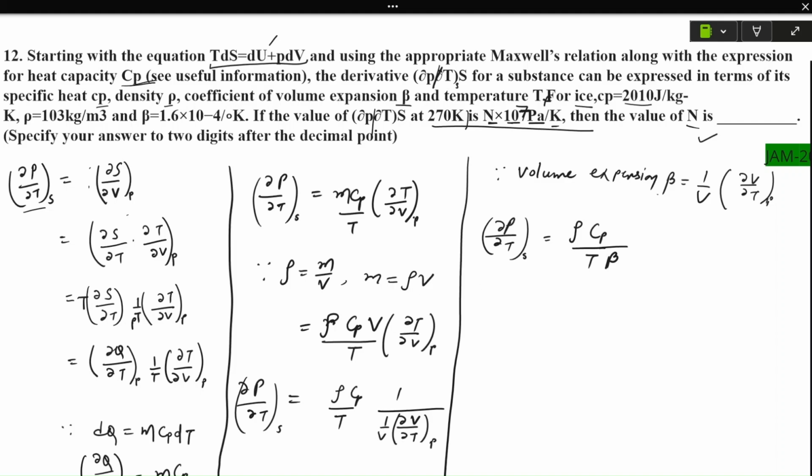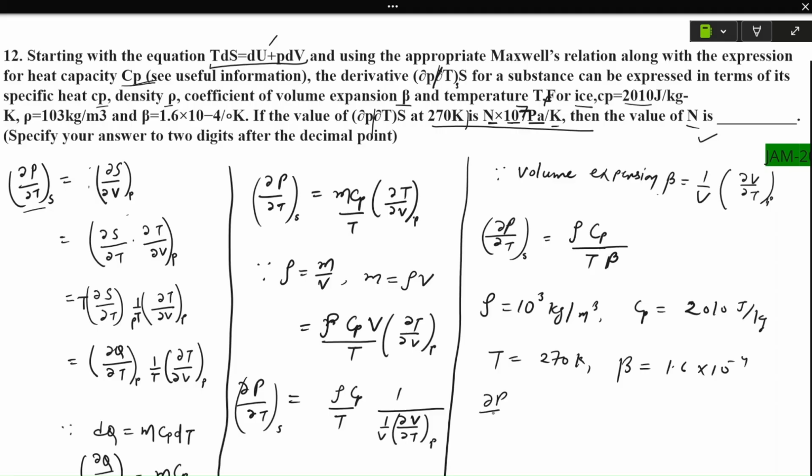Okay. So here we all get values. Rho की वैल्यू हमें given है 10 raised to the power 3 kg per meter cube. Cp given है हमें. Cp जो है वो कितना ये रखा है 2010 जूल पर केजी एंड टेम्परेचर T दे रखा है 270 केल्विन एंड बीटा हमें गिवन है 1.6 इंटू 10 रेज़ टू द पावर माइनस 4.